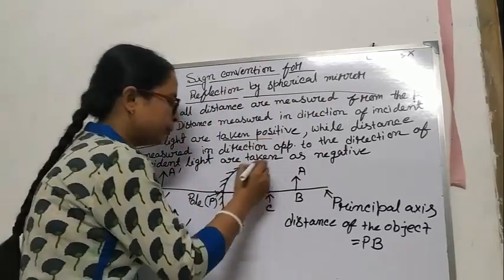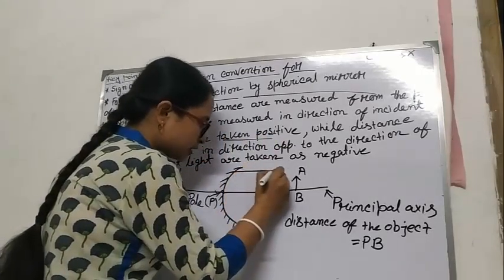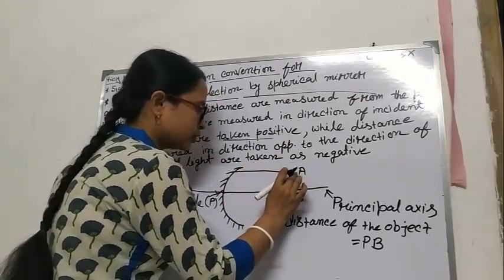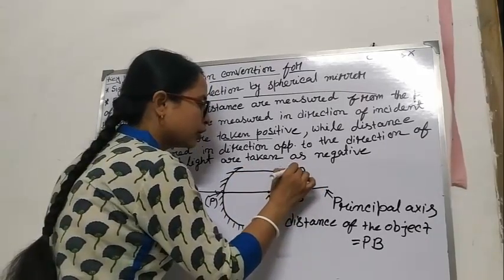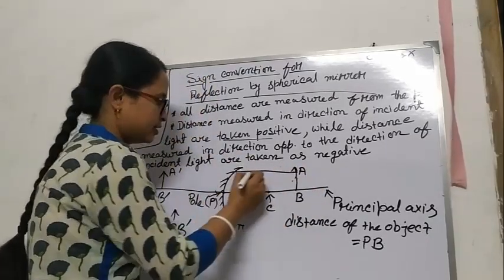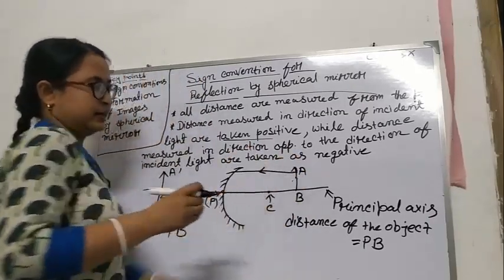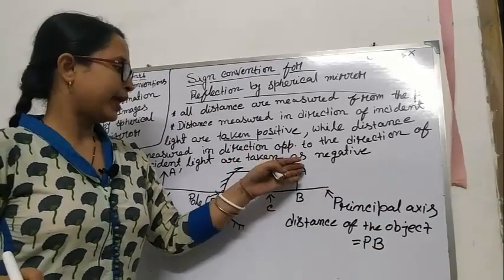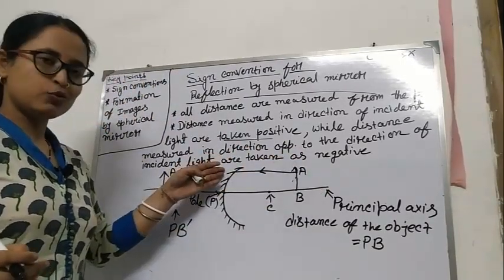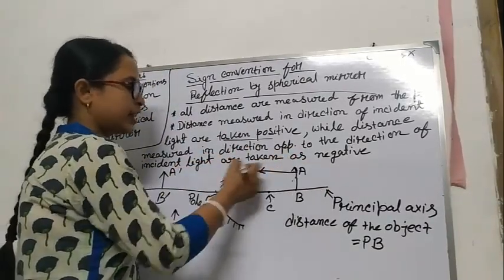What is the meaning of this line? Let us explain. Suppose this is the incident light, like this. If AB is an object, the light is coming from the object, no? From A towards this point, that means light is coming.